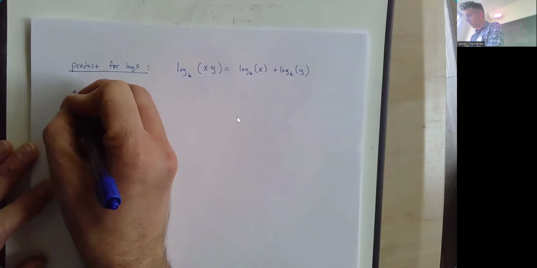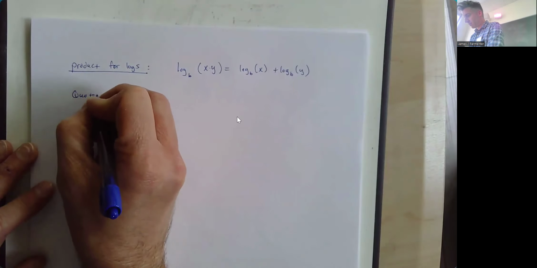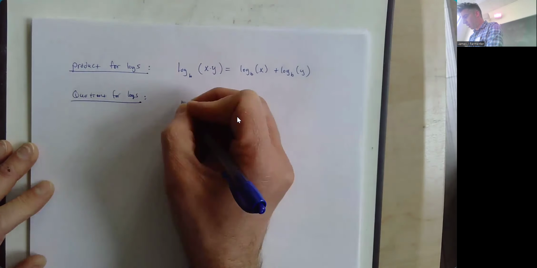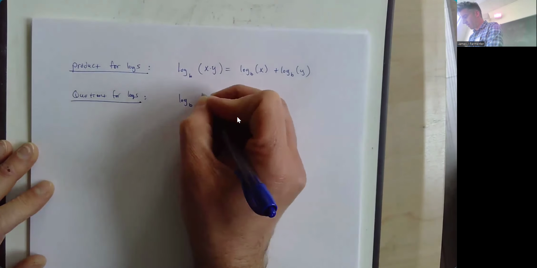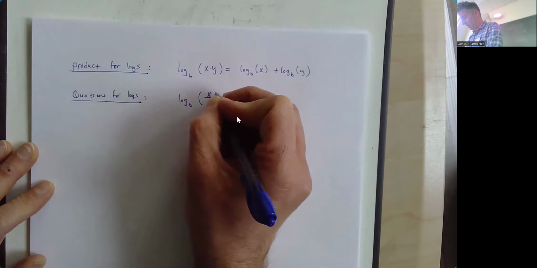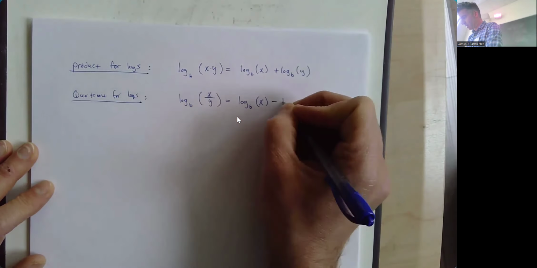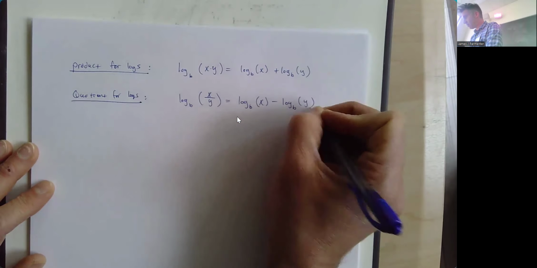We have a quotient rule for logs, which says that the log base b of x divided by y is equal to the log base b of the top thing minus the log base b of the bottom thing.